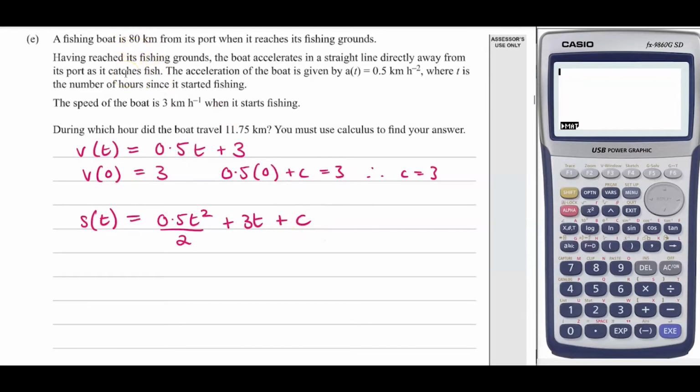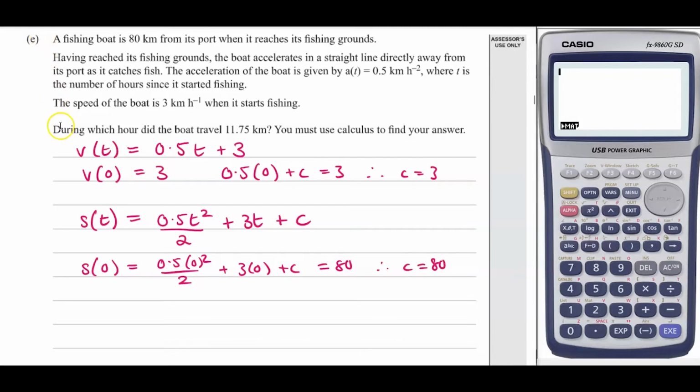At the time that we start recording time in this situation, it's when they start to accelerate away from the port, having reached the fishing ground. So at that beginning point, they have already started at a distance of 80. So when the time is 0, the distance will be equal to 80. So 0.5 times 0 squared over 2, plus 3 times 0 plus c will be equal to 80, therefore c equals 80.